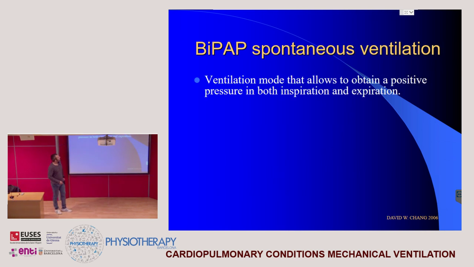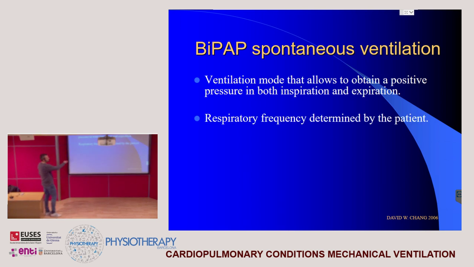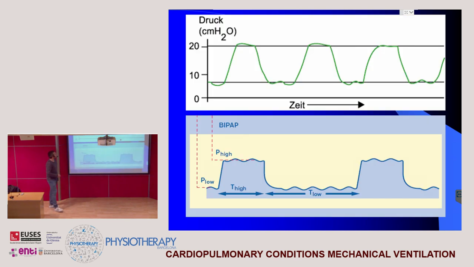The other one is ventilation on two levels of pressure, BPAP, meaning bilevel positive airway pressure. It is a two-level pressure. The difference is probably that it is exactly the same, but it is more useful on the graphics.